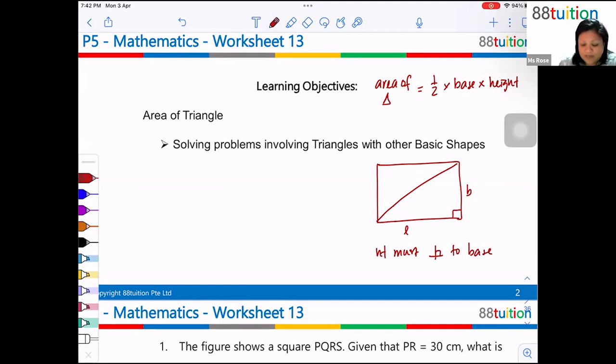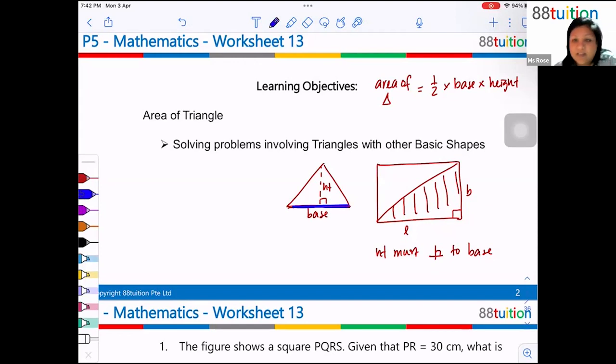So for this triangle, it's half times length times breadth, but more accurately, it is half times base times height. Because if we have a triangle that looks like this, then this is the perpendicular height, and this becomes the base. So that's why we call the area half times base times height.